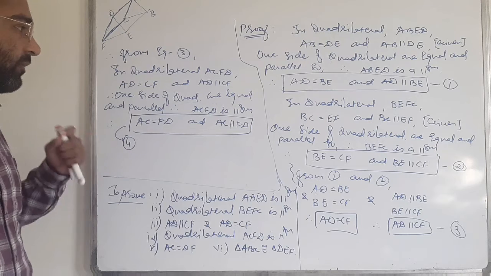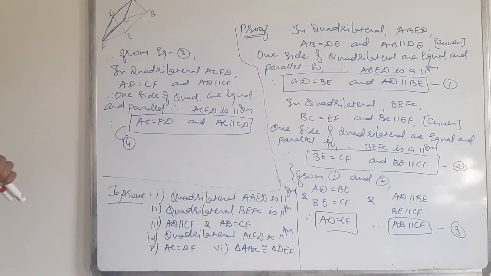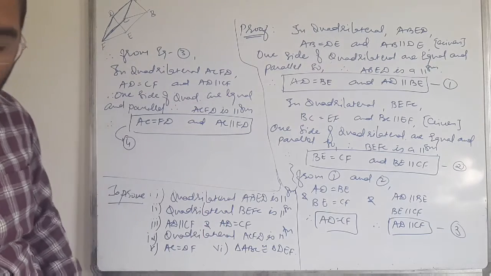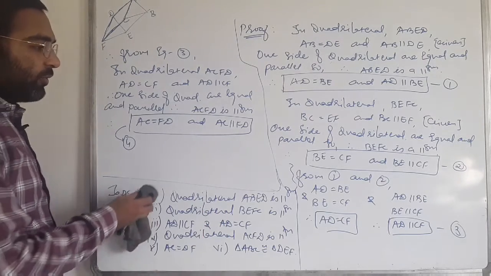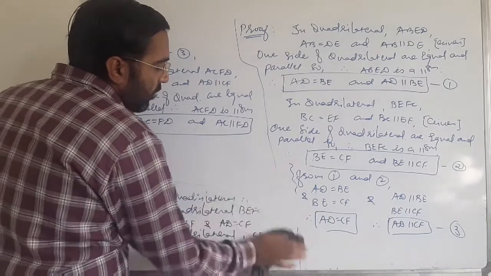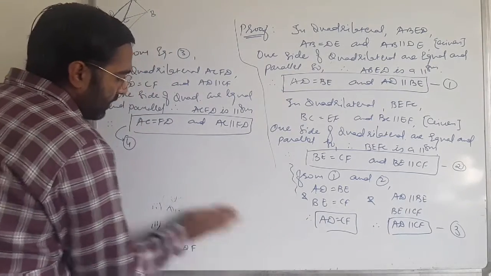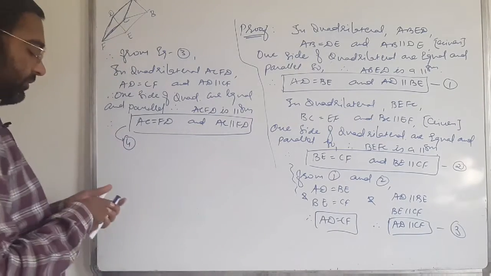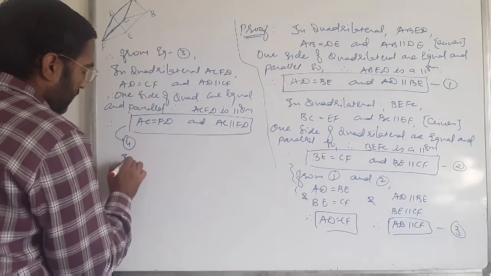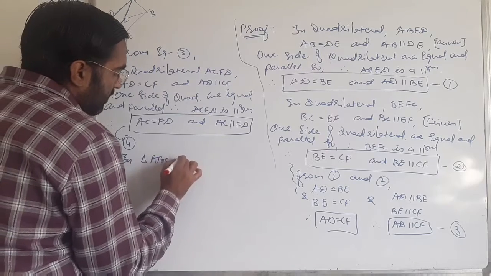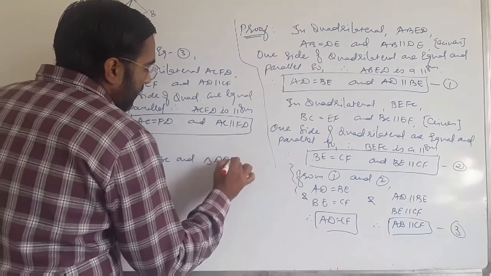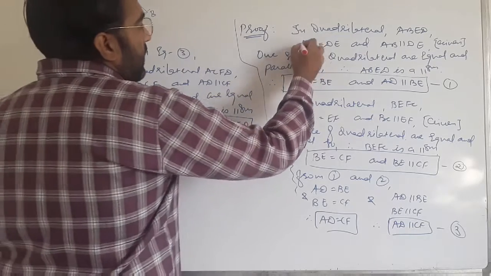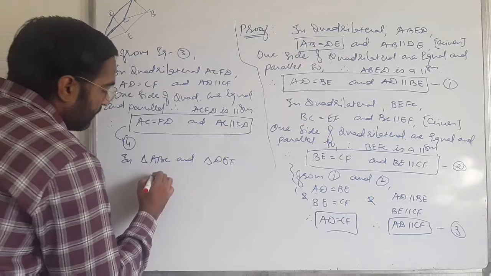We have to write this as the fourth equation. Now I have to prove that both triangles ABC and DEF are congruent. For that, in triangle ABC and triangle DEF, first of all, AB is equal to DE, which is given.